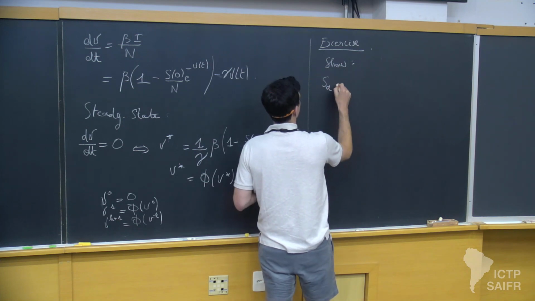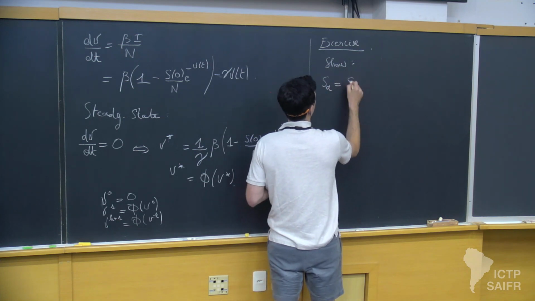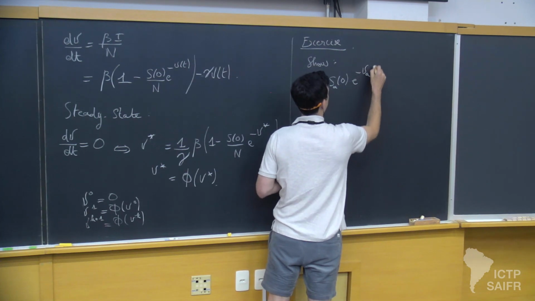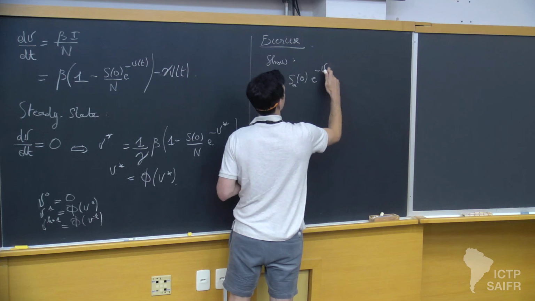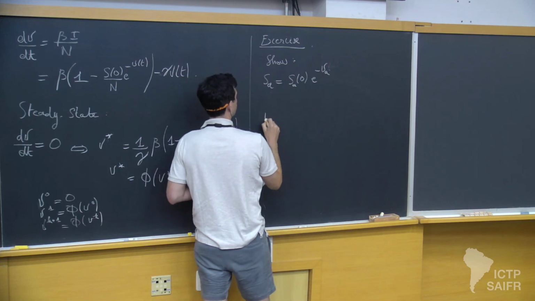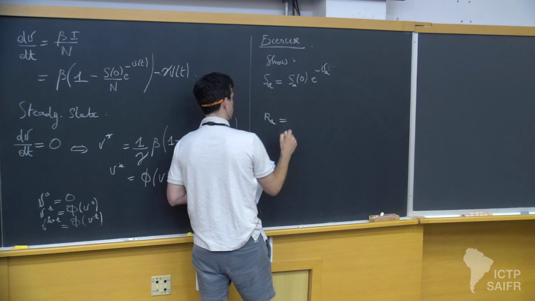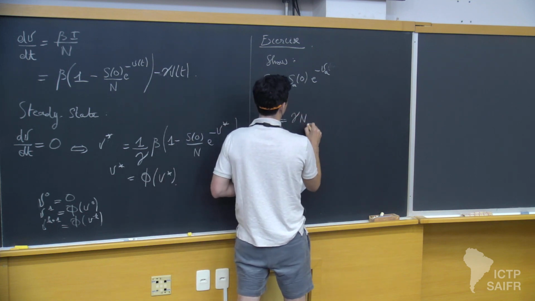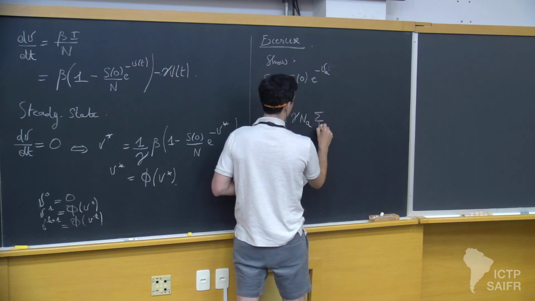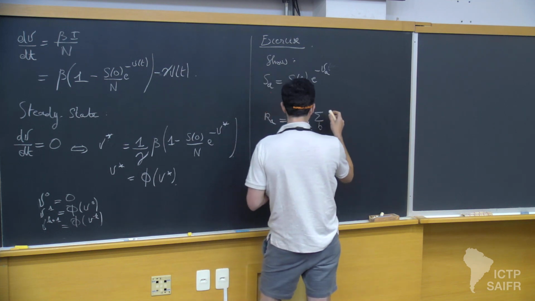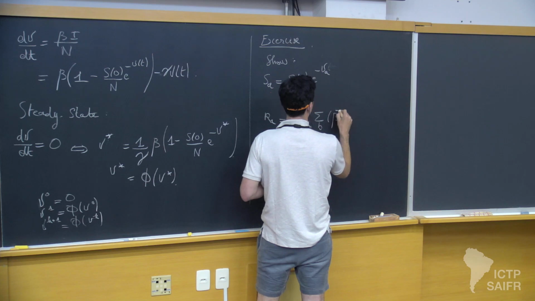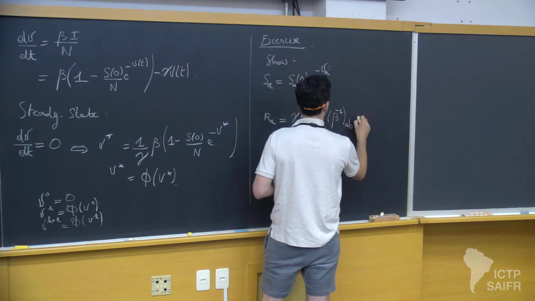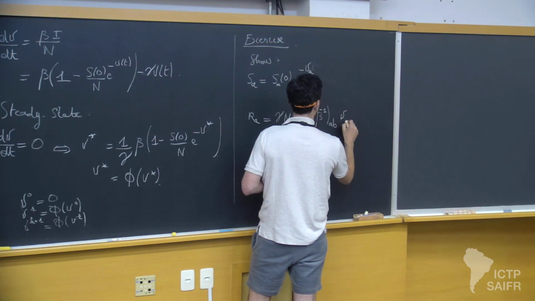So you can show that S_A is equal to S_A at time 0 times exponential of minus nu_A of t, and the number of recovered individuals is equal to gamma N_A, the population numbers, sum over B, so all the towns, of the matrix inverse of the transmission rate matrix, AB, times nu_B.